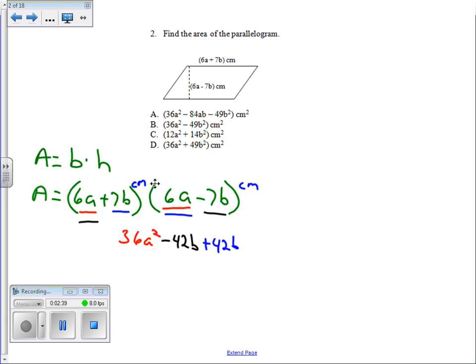And then the last terms, 7b times negative 7b, will give me negative 49b squared. So the middle terms, as you can see, negative 42ab plus 42ab goes to 0, and my final answer is 36a squared minus 49b squared.